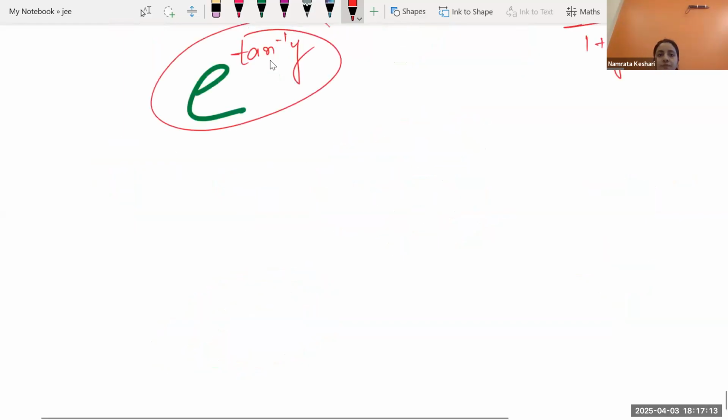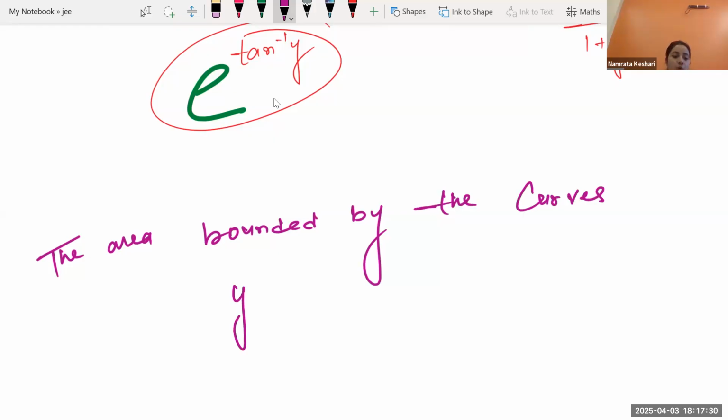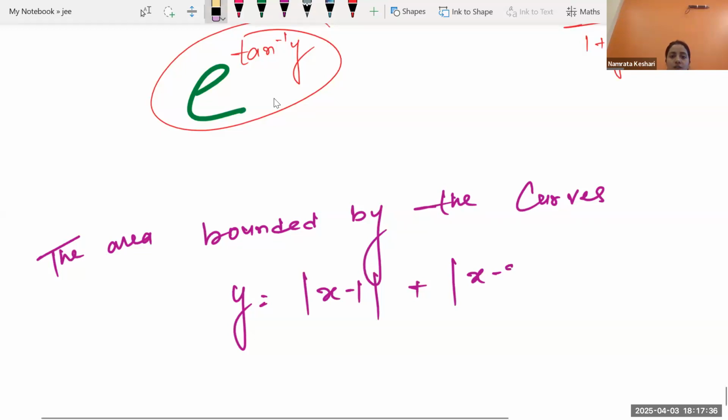Suppose we have to find the area bounded by the curve. Y is equal to mod of x minus 1 plus mod of x minus, no, this one we have done yesterday. Wait.